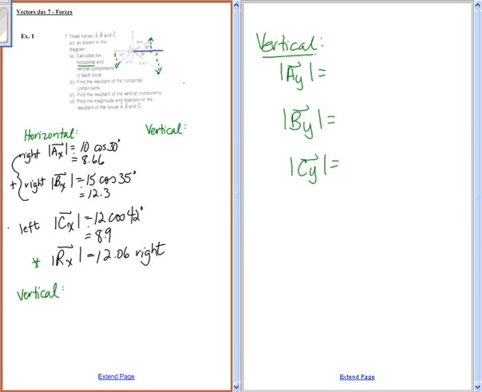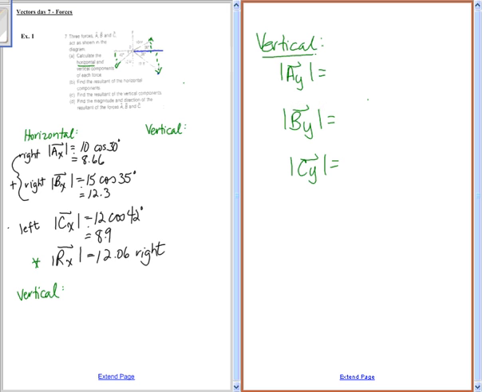So I'm using the same angles and the same magnitude, I'm just using sine between them. So the vertical component of vector A is 10 sine 30. For B, 15 sine 35. And for C, 12 sine 42.